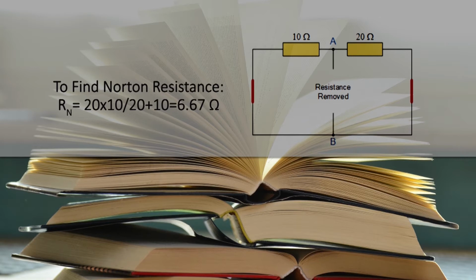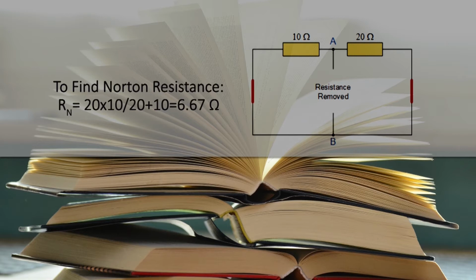The internal resistance of an ideal voltage source is 0. That means you have to replace these two voltage sources by short circuits. So when these two voltage sources are short circuited, this 10 ohm resistance and 20 ohm resistance are in parallel.